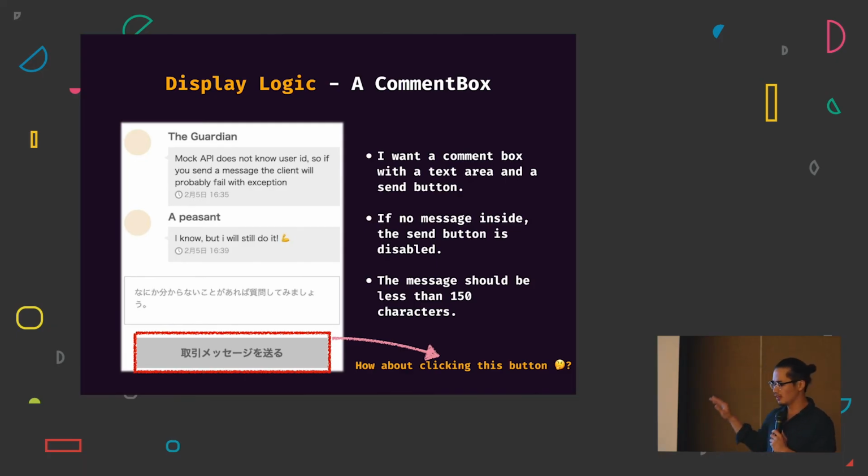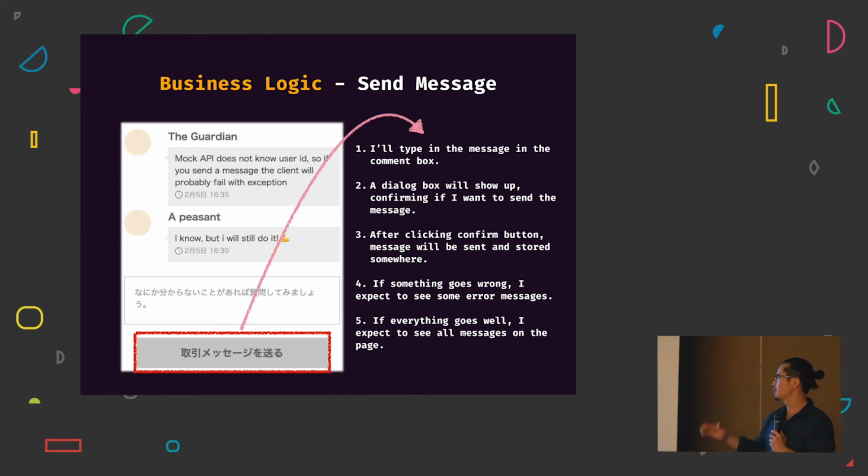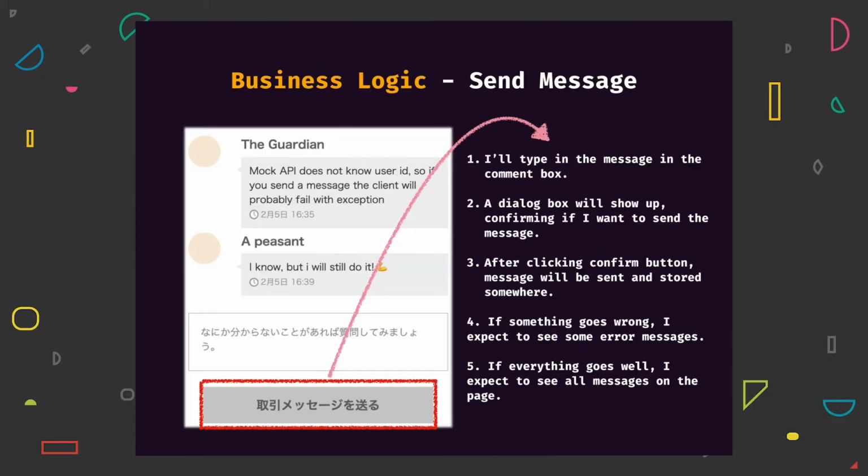How about clicking this button? It will bring you another piece of spec, which may look like this. We call it business spec, business logic. It's a send message flow, and it's described like this. First, I type in the message in the comment box. Second, a dialog box will show up confirming if I want to send the message or not.